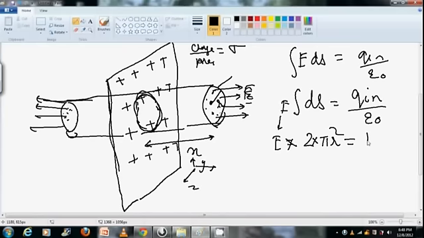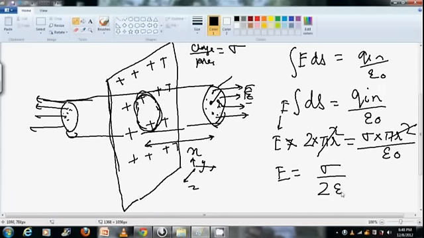So surface charge density sigma, charge per unit area, into the total area pi r square, divided by epsilon naught. So this pi r square and this pi r square get cancelled, and again in one line, for a very complicated scenario, we get E is equal to sigma by 2 epsilon naught.